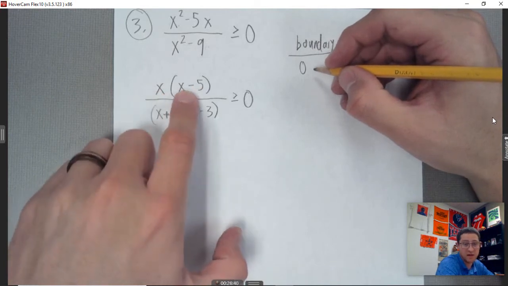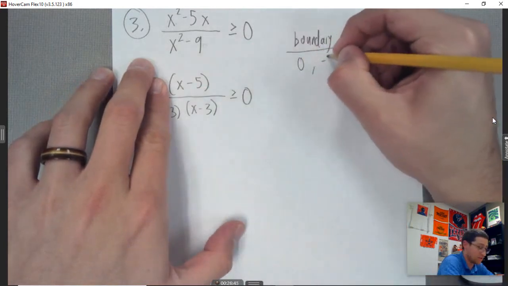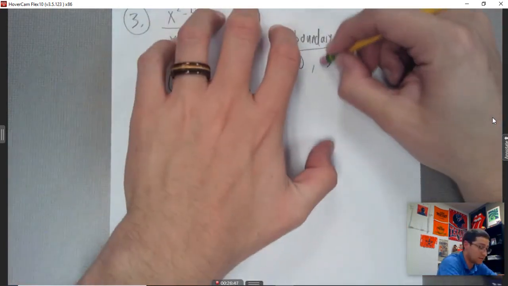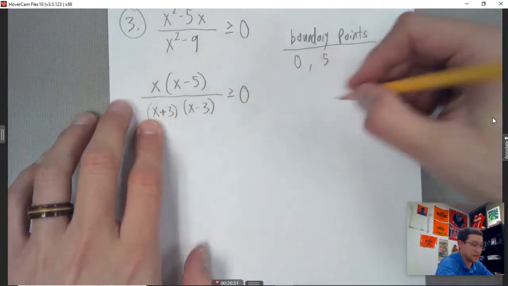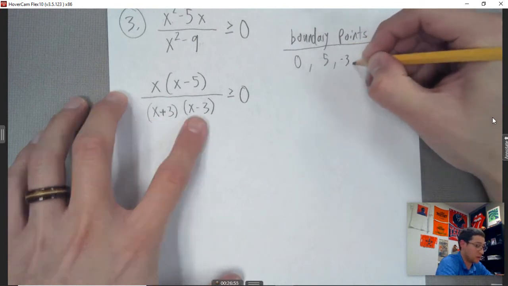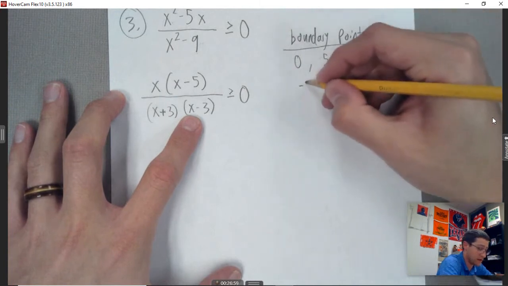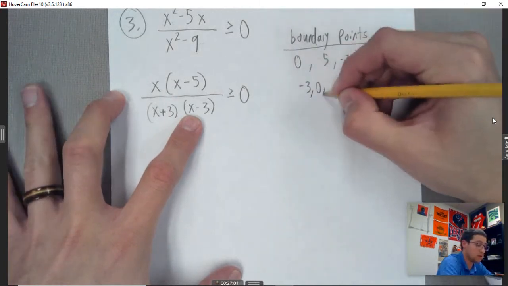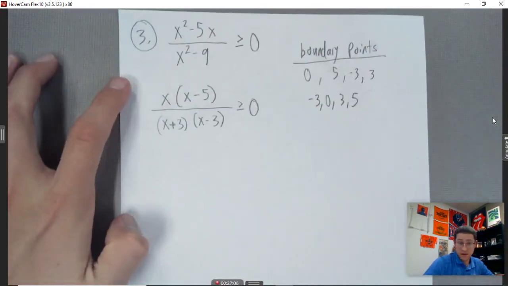Because of x minus 5, what's going to get me a 0 here? The number negative 5? No, the number 5. Just testing y'all. And on the bottom, the factor on the left is going to give me negative 3 as a boundary point, and then here, positive 3. So maybe it helps again to reorder them. So we've got negative 3, 0, 3, 5. All right, and put them on the number line.